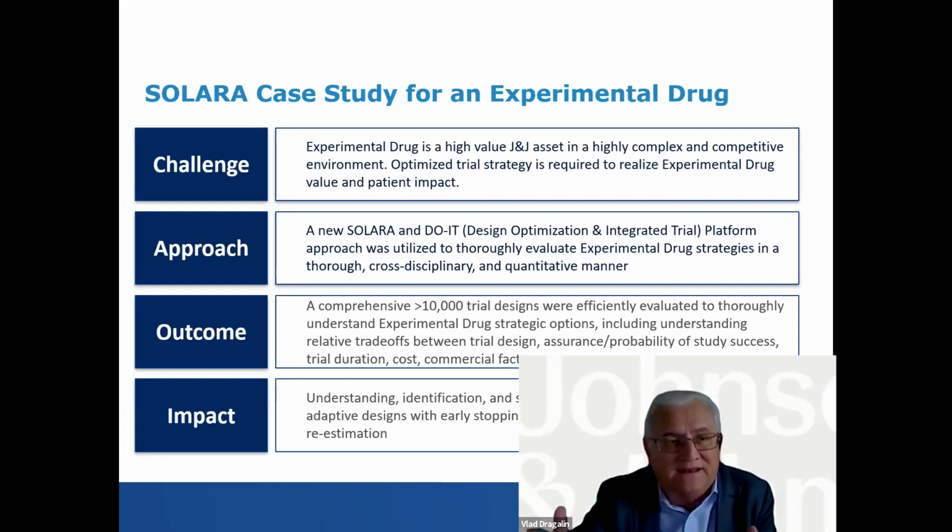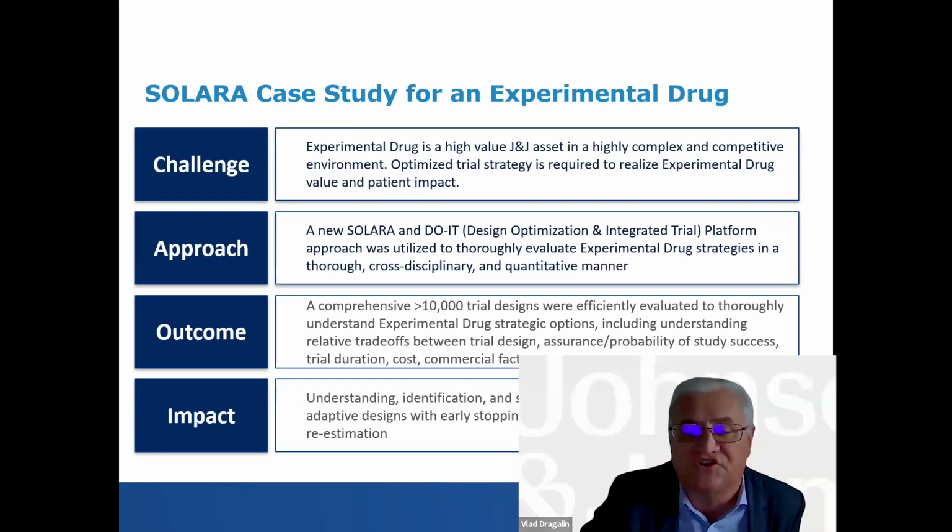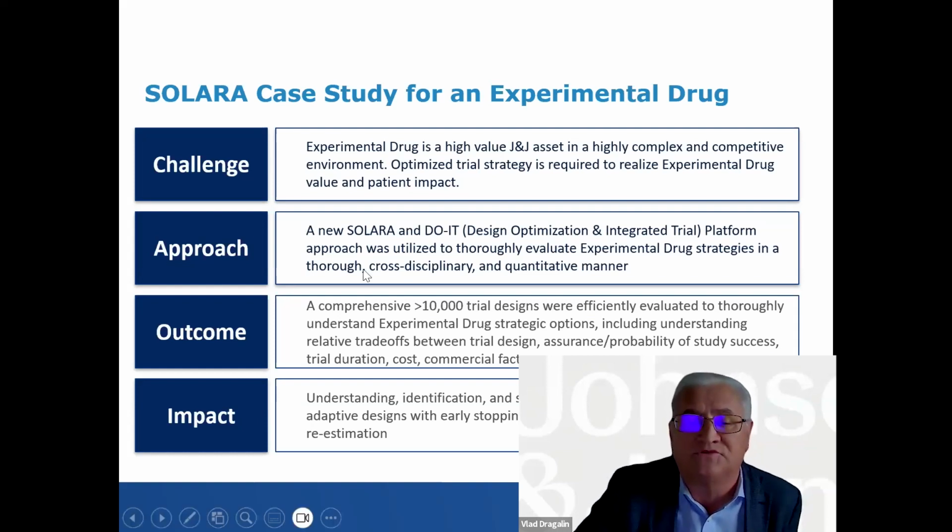What will be the patent life left from the time when we get approval? Because that's where the revenue is coming from. And sometimes just chasing a high power might not be the best option in order to deal with all of those. I will illustrate numerically how that comes.